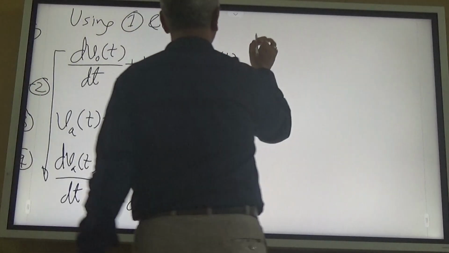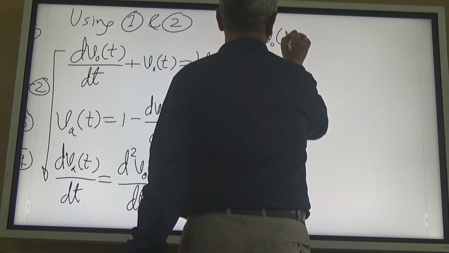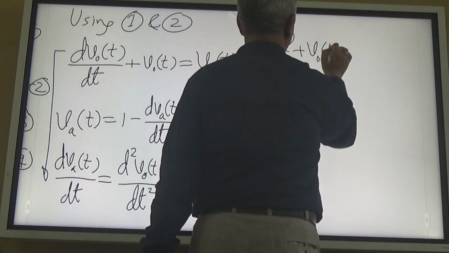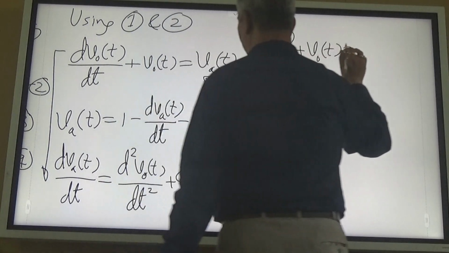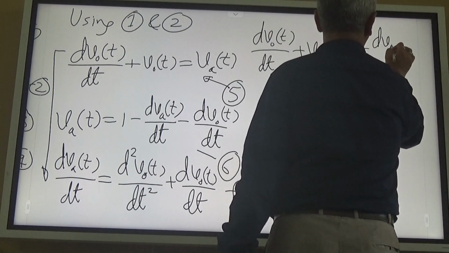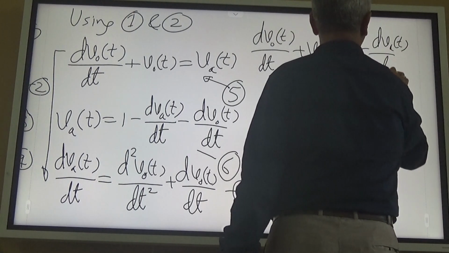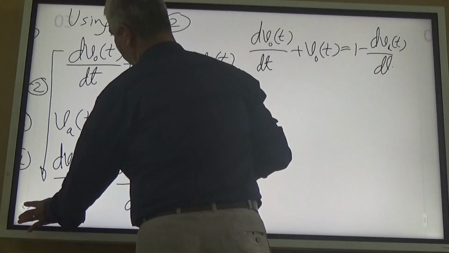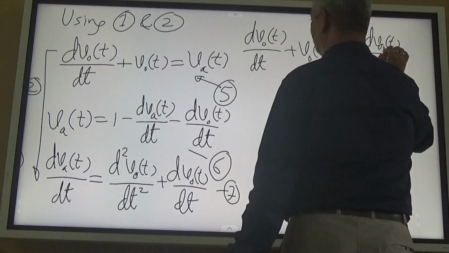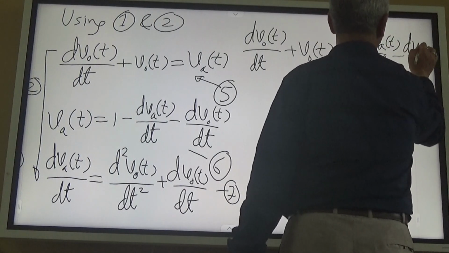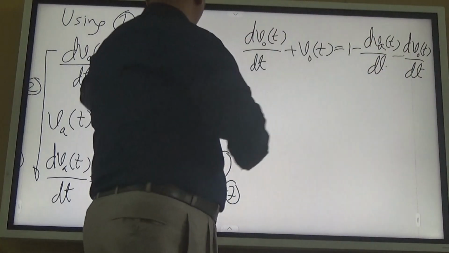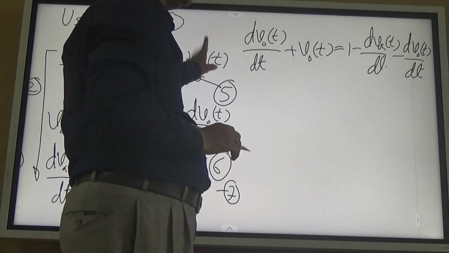So can I write dVOT by dt plus VOT is equal to 1 minus dVAT by dt minus dVOT by dt. Is it agreed? It is using 5 and 6.